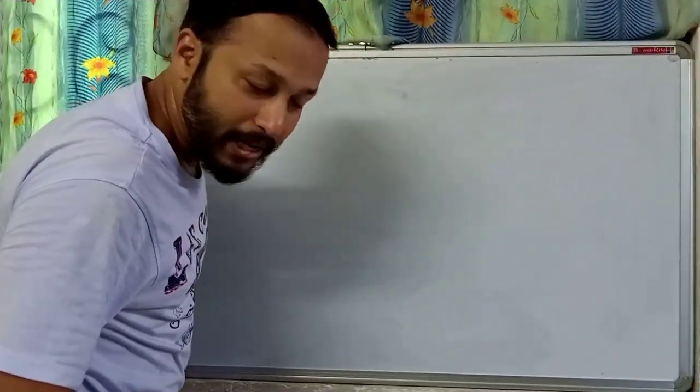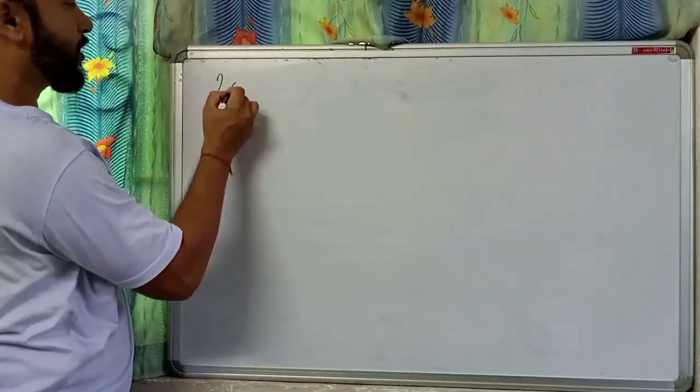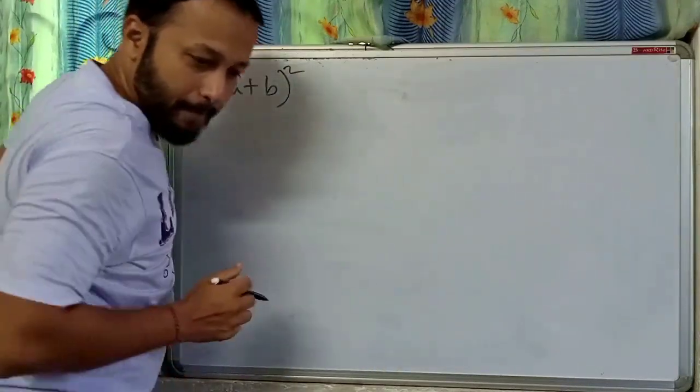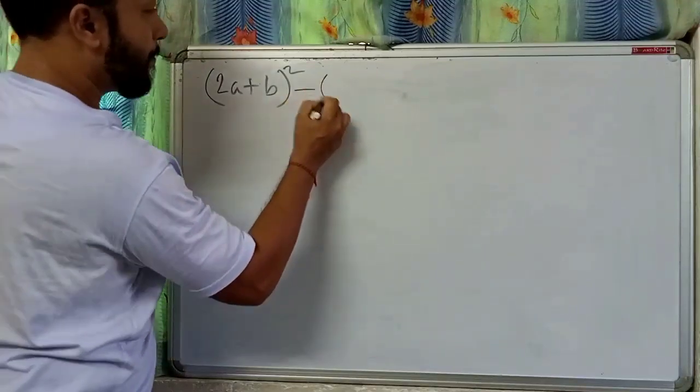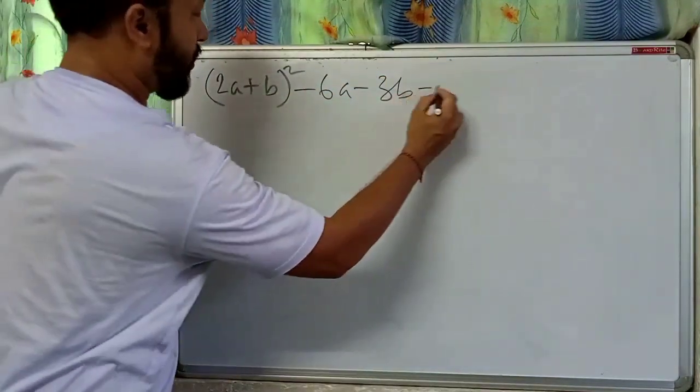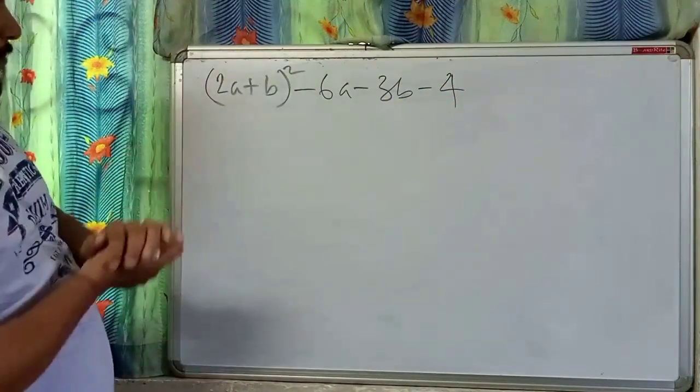Next sum is 2a plus b whole square. Let us write it. 2a plus b whole square, after that minus 6a minus 3b, then minus 4. Yes, this is the sum.